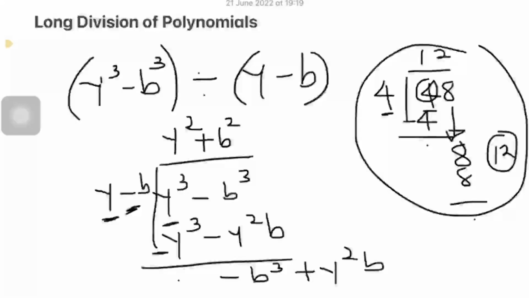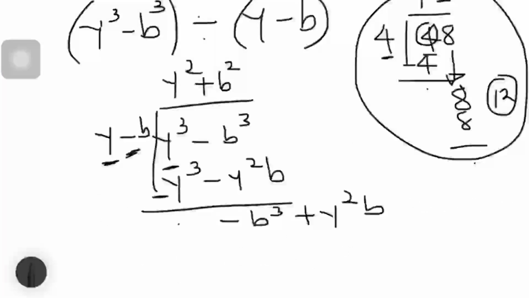Now, since I want to match these terms well, I'm going to start with b squared multiplied by minus b, so that here I'll have a minus b cubed, because I don't want to start rearranging again. If I start with b squared multiplied by y, it means at some point I have to rearrange so that the b cubed terms are well aligned, right?